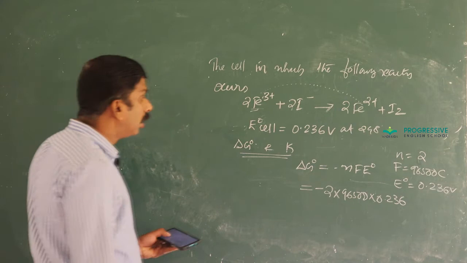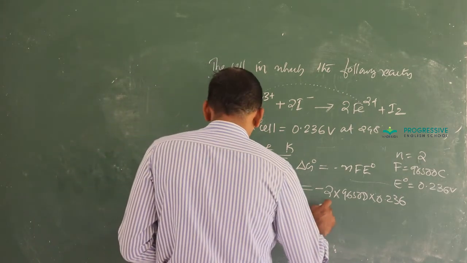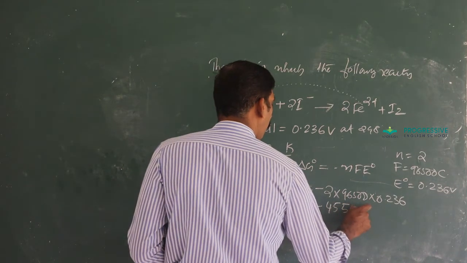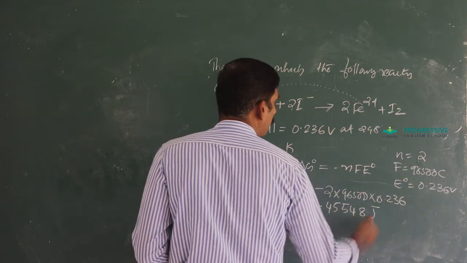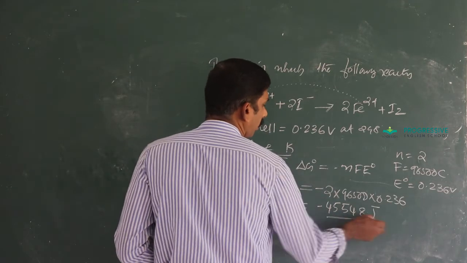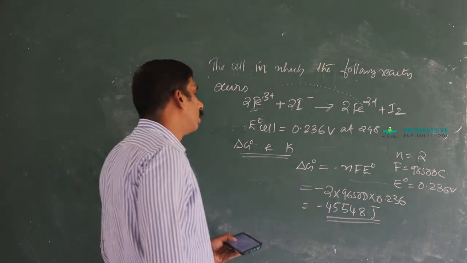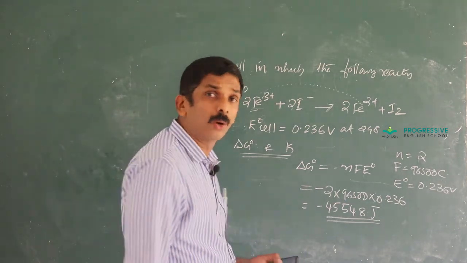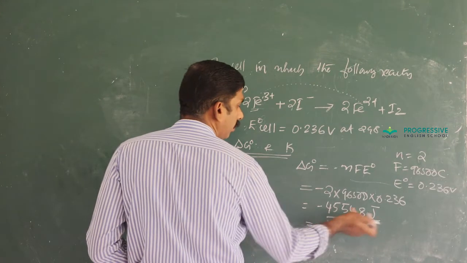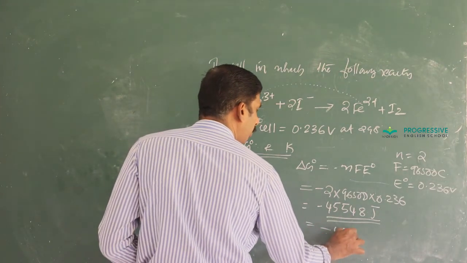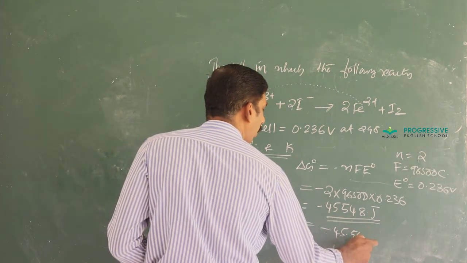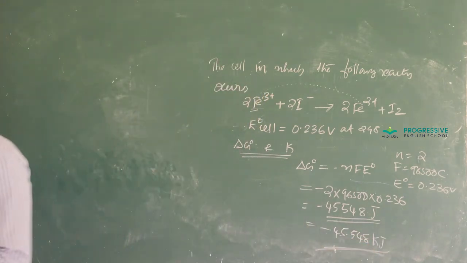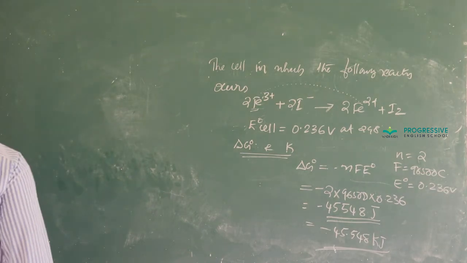That is equal to minus 45548 joule. You can take the value as such or convert to kilojoule by dividing by 1000. That is, it becomes minus 45.548 kilojoule. That is the standard free energy change for the reaction.